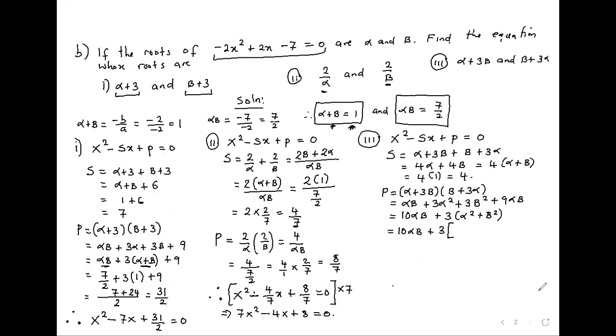So here we write alpha plus beta squared minus 2 alpha beta. Substitute here. Alpha beta is 7 over 2 plus 3. Alpha plus beta is 1 squared minus 2 alpha beta, 7 over 2.